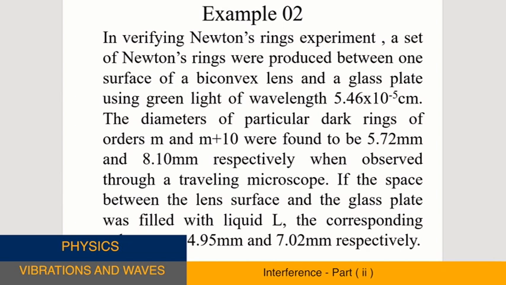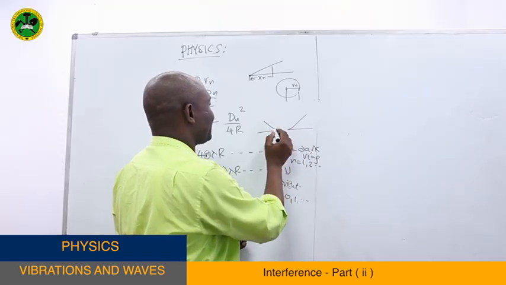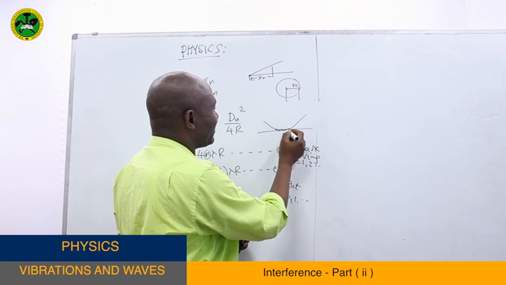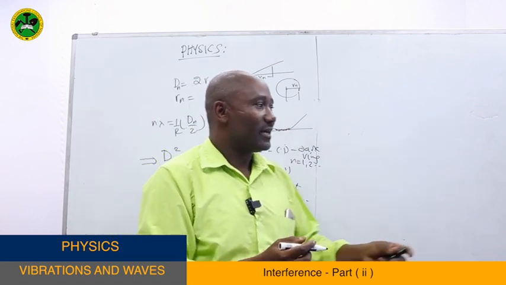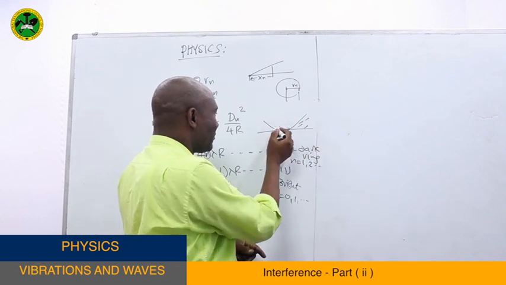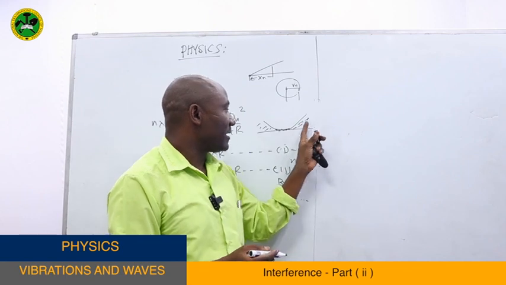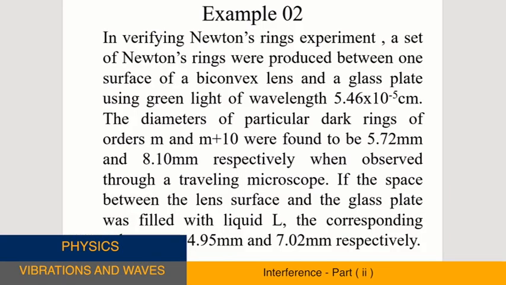Now, the information says that when the space between the lens surface, if you remember, we have a lens there and the glass plate. In between, it's air. But the space has been filled with a liquid. So when you fill it in between, the medium changes.